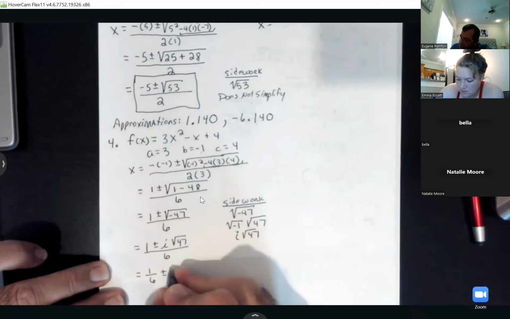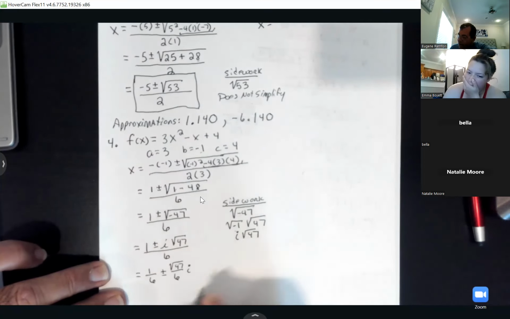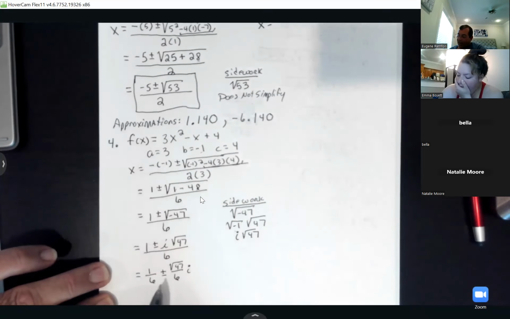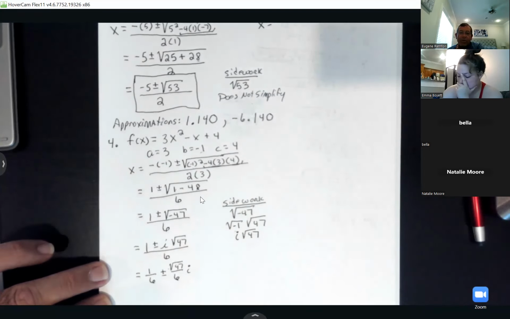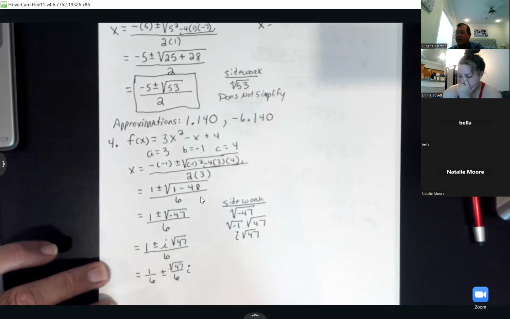And then you're going to put the square root of 47 over 6. And then beside that, you can put your I. Now, if you want to put the I in front of the radical, it'll take that answer also. But this is what we call complex number form. You got the real number, then you got the imaginary number.